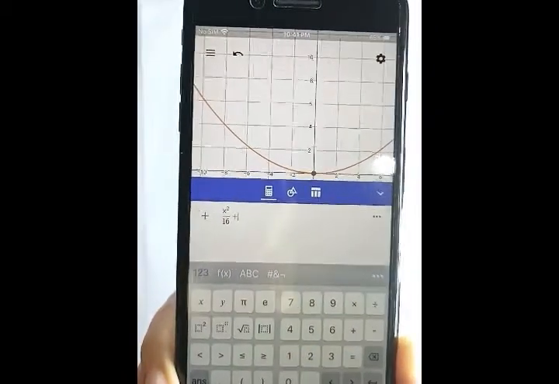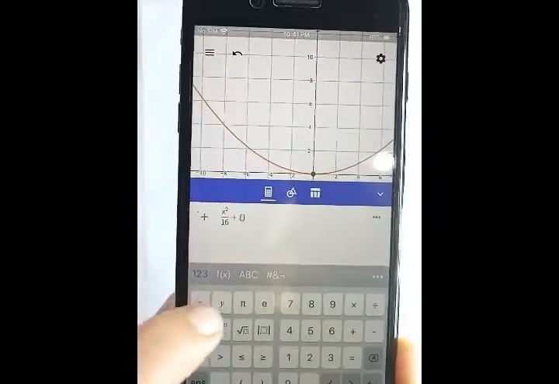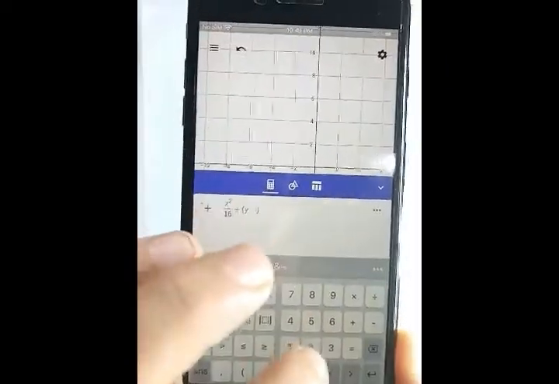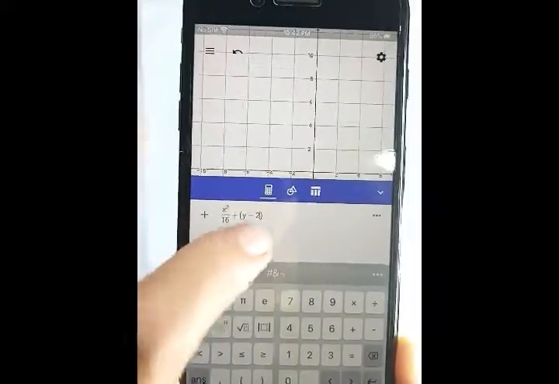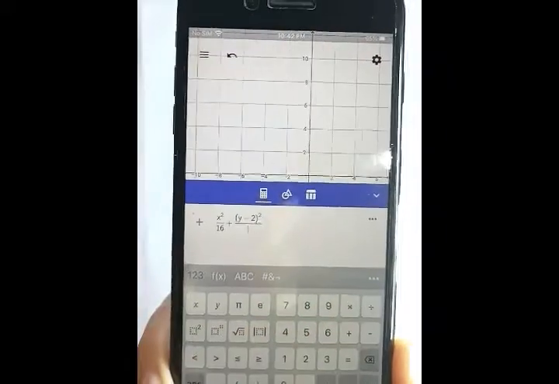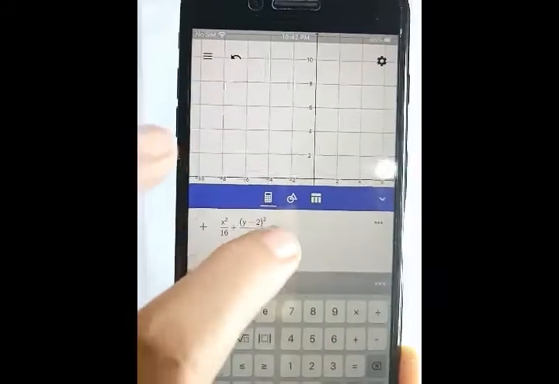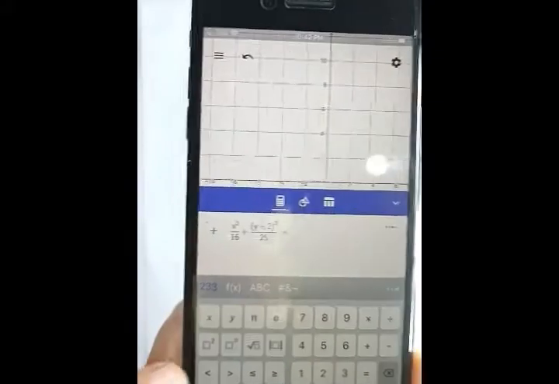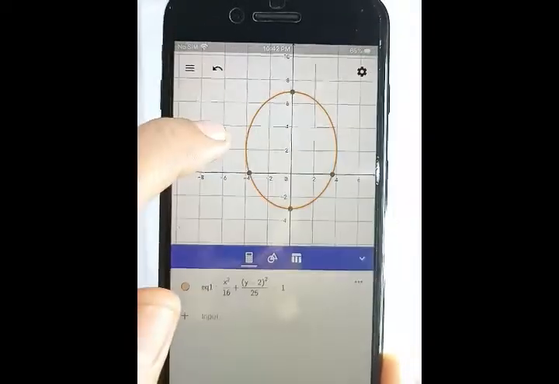plus, in parentheses, y minus 2, squared, divided by 25, equals 1. Okay?